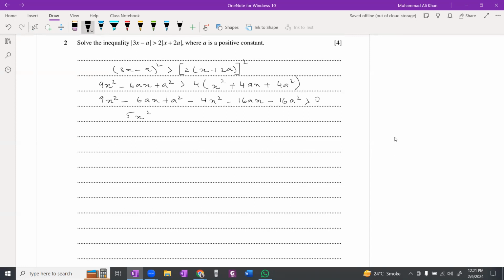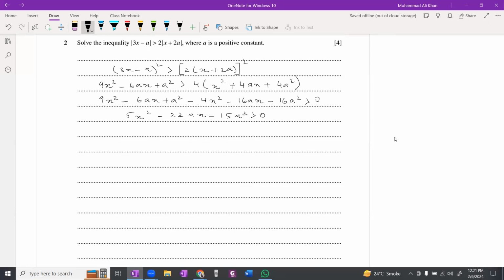Then minus 22ax minus 15a squared greater than 0. We have to find the value of x in terms of a.